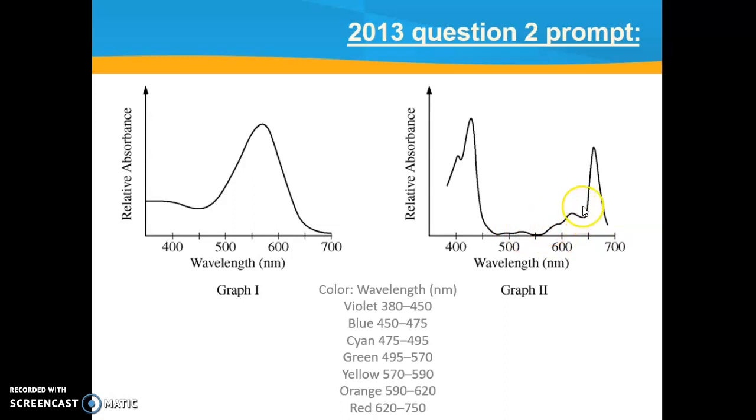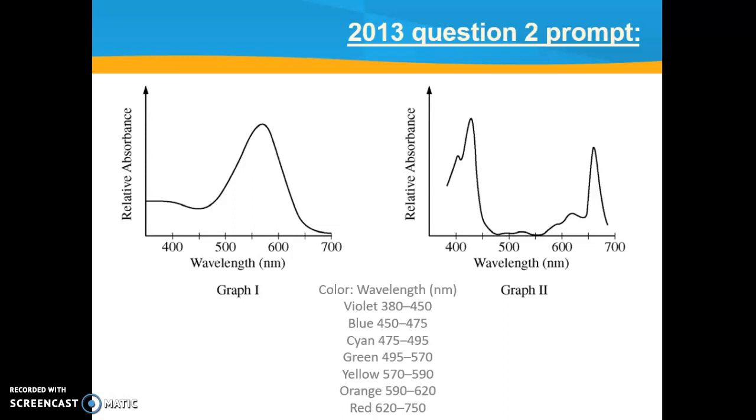And then we have another peak around maybe 675. This also gives you the color wavelengths of visible light. So we go through our ROY G. BIV, right? So our rainbow of colors, and this is telling us the wavelengths of those lights.